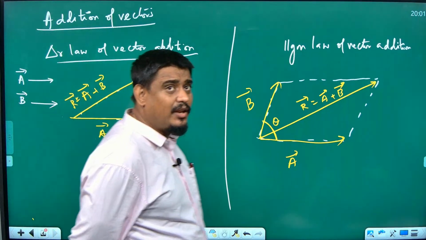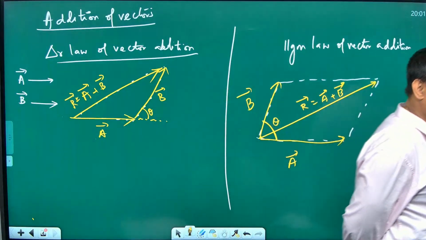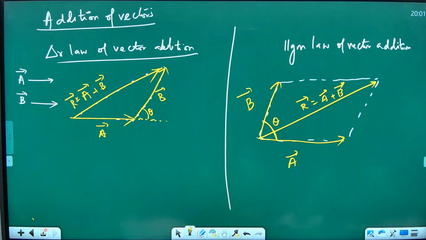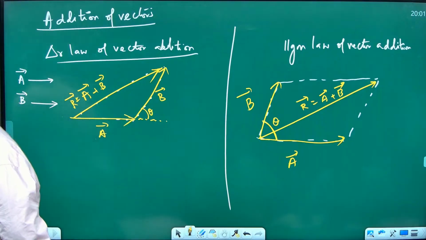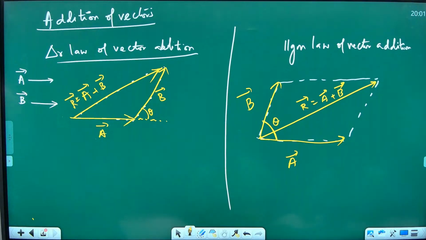Then the diagonal of the parallelogram represents the resultant, in bracket you can write A vector plus B vector.